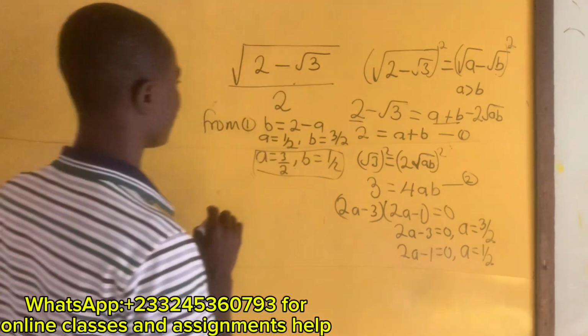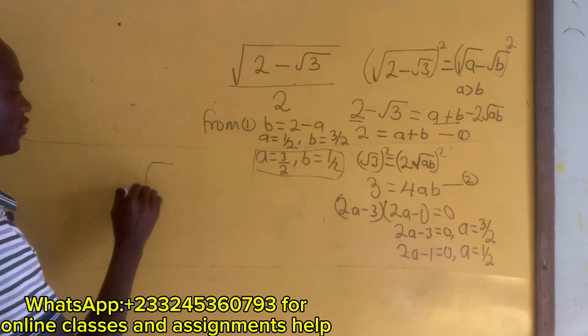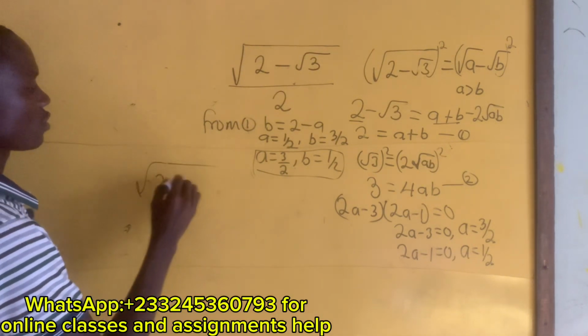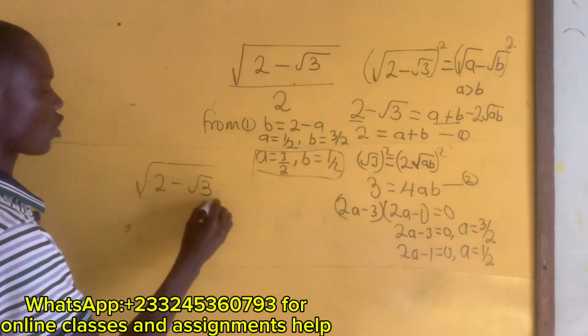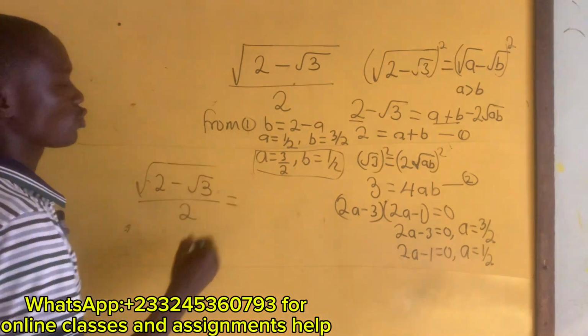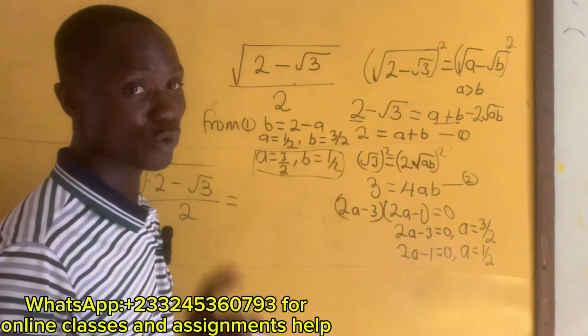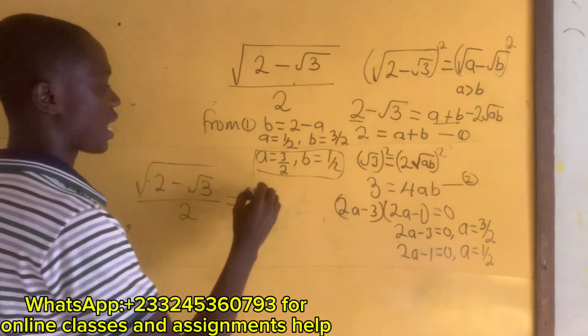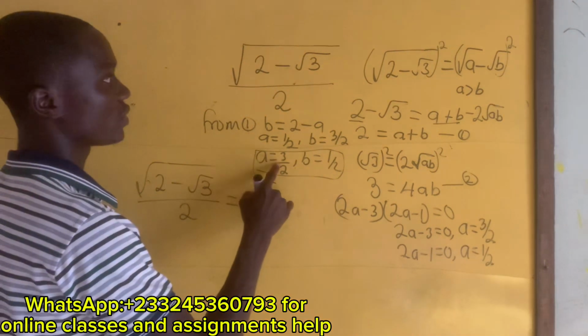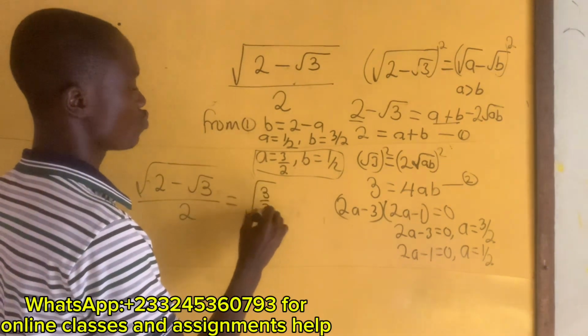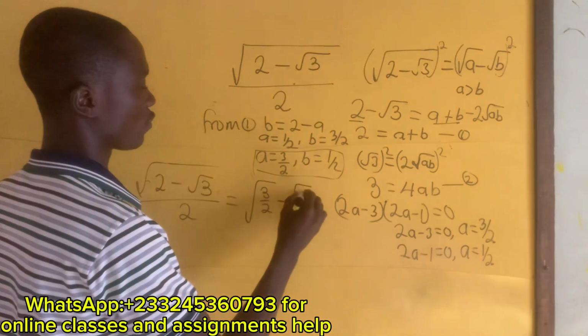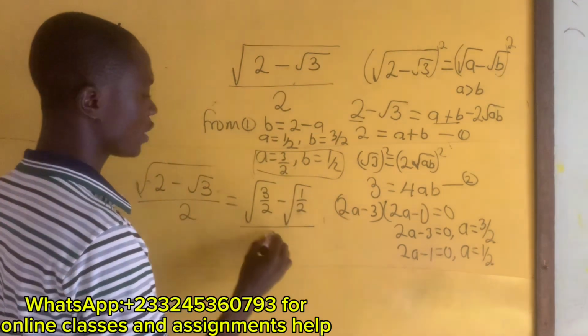That's good. So you're going to have the square root of 2 minus the square root of 3, all divided by 2, is going to be what? It's going to be what we're going to put here. So you're going to have the square root of 3 on 2 minus the square root of 1 on 2, all divided by 2.